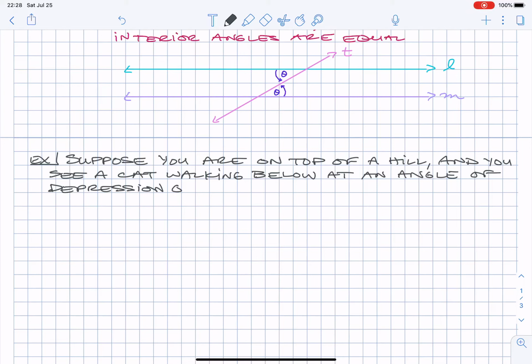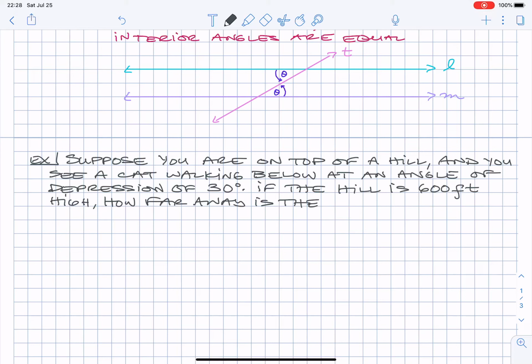What shall we do? Of 30 degrees. If the hill is 600 feet high, how far away is the cat from you?